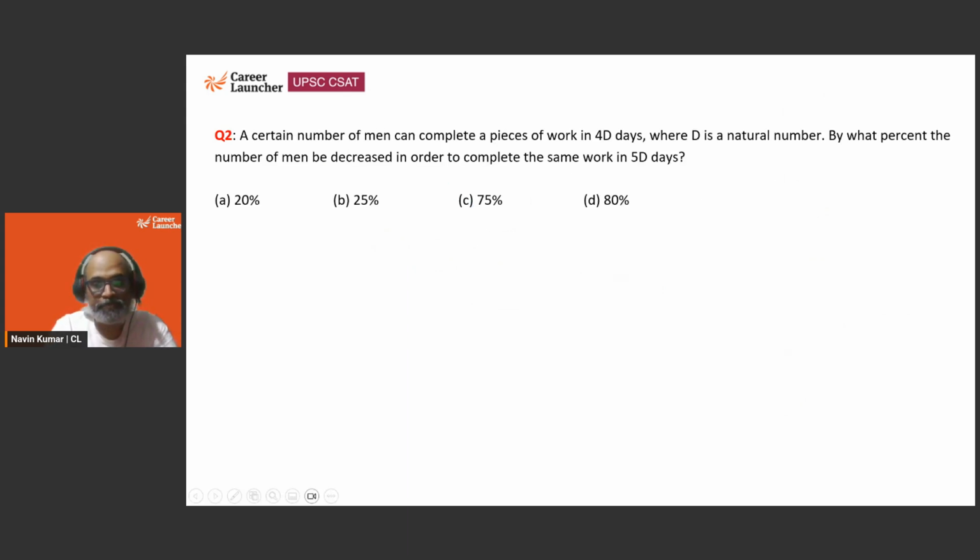Let's look at the other problem. A certain number of men can complete a piece of work in 40 days. By what percent must the number of men be decreased in order to complete the same work in 50 days?